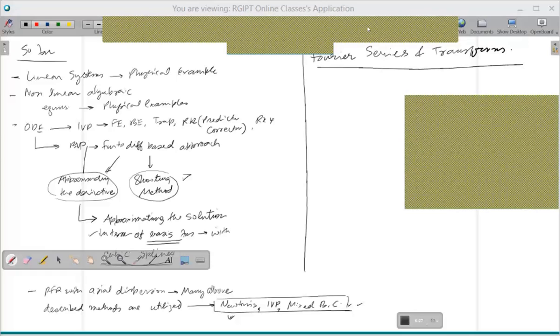Now let me ask you this. How many of you are familiar with Fourier series and Fourier transforms? Have you seen it anywhere? You must have seen it in one of the maths courses, probably. Fourier series and Fourier transforms. Signal processing?